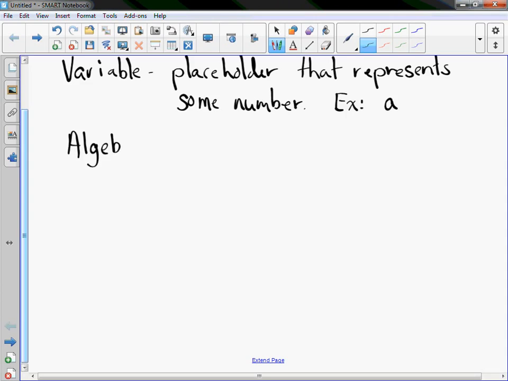Algebraic expression. Okay. This is an expression or a set of numbers, variables, and at least one operation.